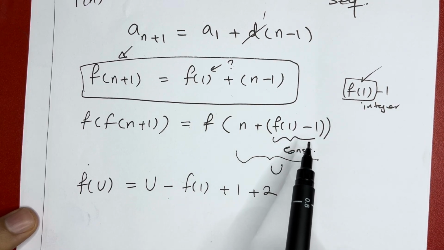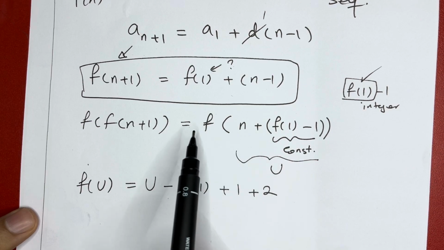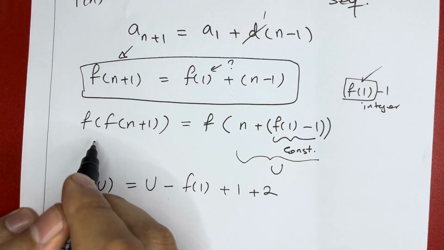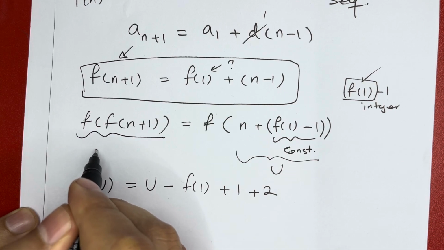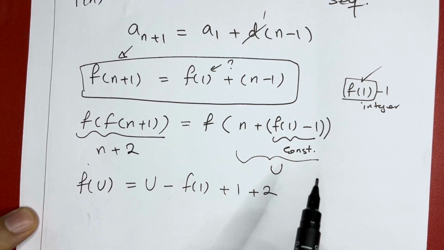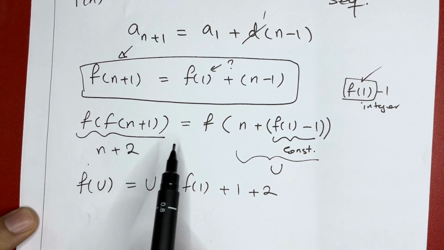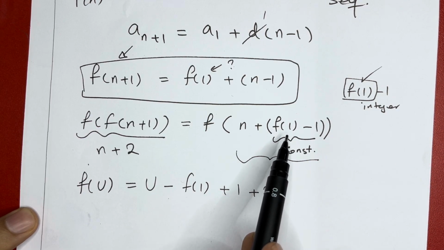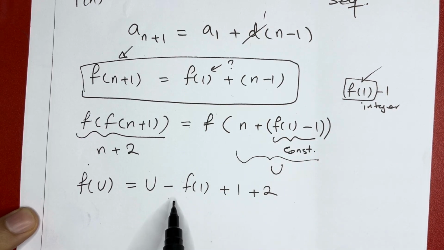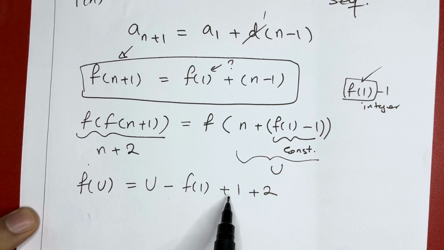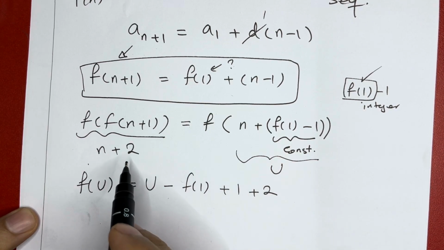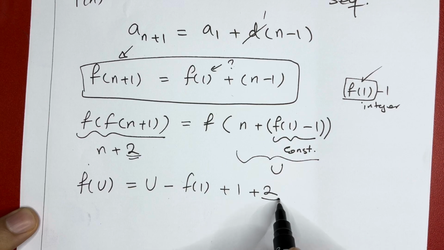If you put u, then this guy is n plus 2, and instead of n you put u minus f of 1 plus 1, and then bring this 2 to the other side.